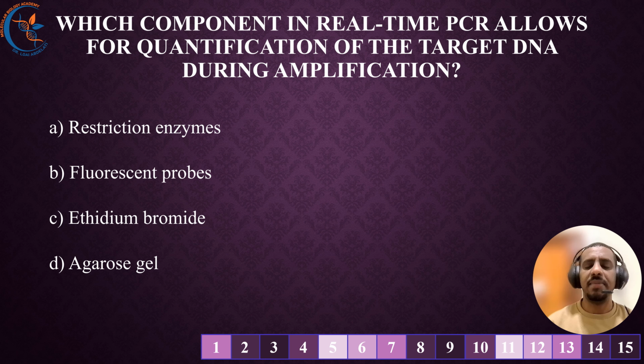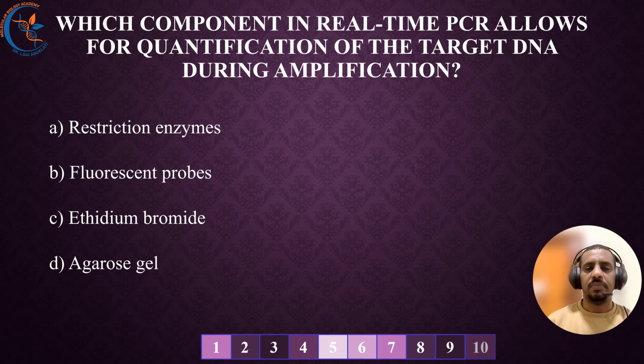Here is the real-time PCR part. The first question: which component in real-time PCR allows for quantification of the target DNA during amplification? The correct answer is fluorescent probes.